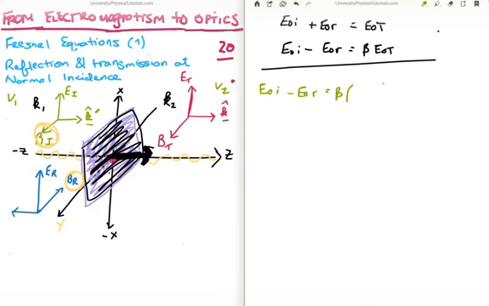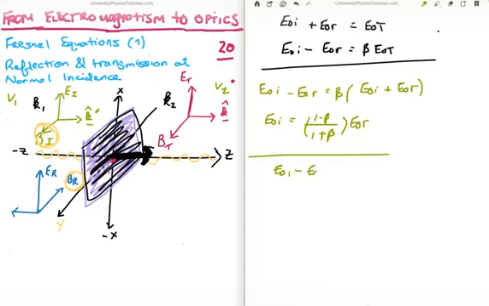So we find that E0I minus E0R is equal to beta times E0I plus E0R. And if you just rearrange that, what you'll find is that E0R is equal to 1 minus beta over 1 plus beta times E0I.